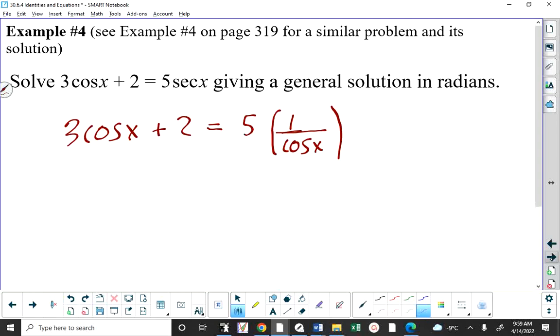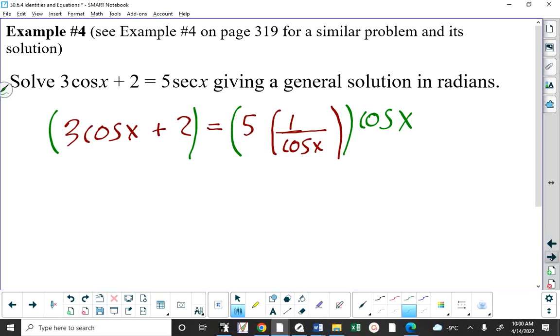But I have a fraction in an equation now, and I don't like fractions. So I'm going to multiply both sides by cosine of x. I'm just making a note for myself about something.